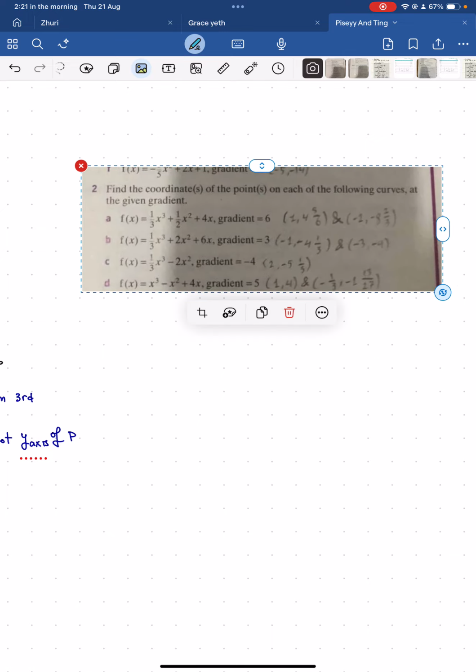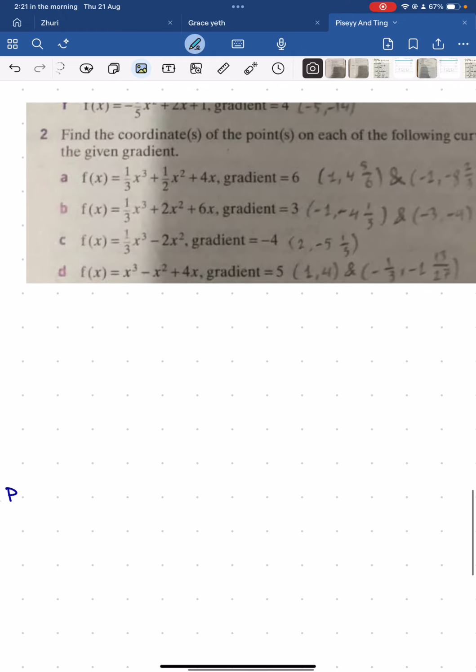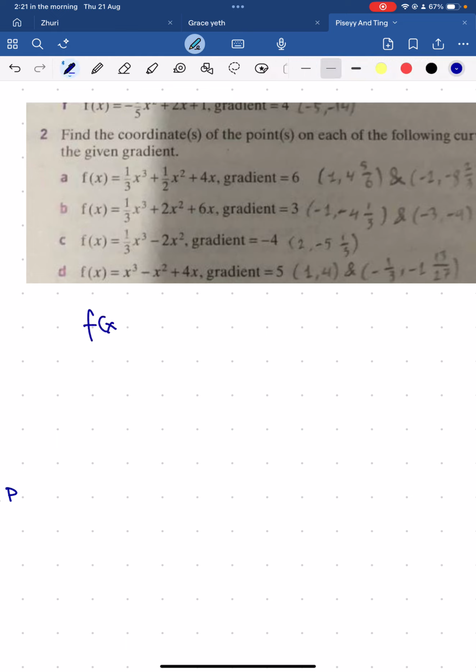For number 2, find the coordinate of the point of each of the following curves, the same thing, you know. They give us f of x equal to 1/3 x cubed plus 1/2 x squared plus 4x, gradient equals 6.